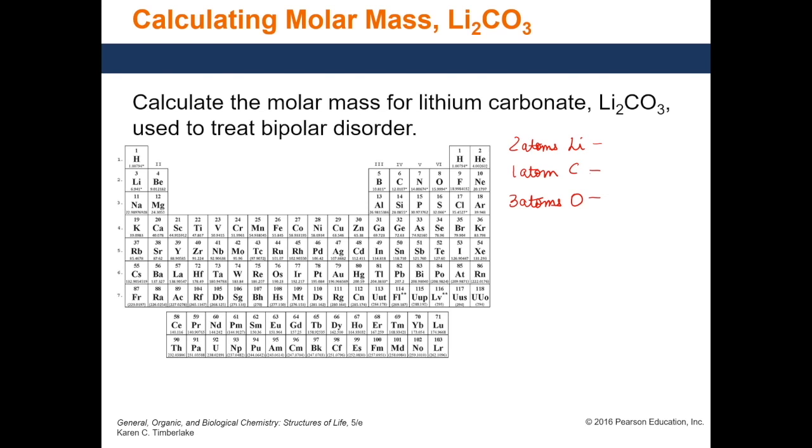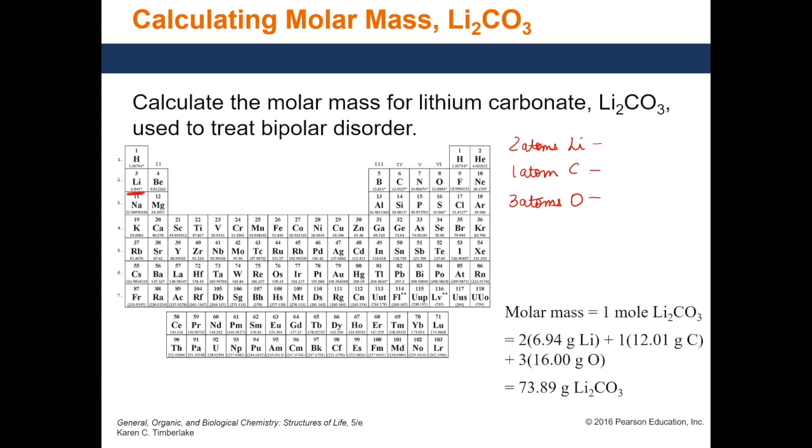So what is the mass of 1 atom of lithium? You will look for your periodic table right here, this number. Always go for 2 decimal places. So 2 atoms of lithium would weigh 2 times 6.94 grams of lithium. Next we have 1 atom of carbon. Carbon is right here. You can see 1 atom of carbon weighs 12.01 grams.